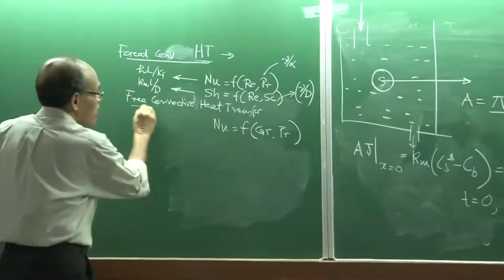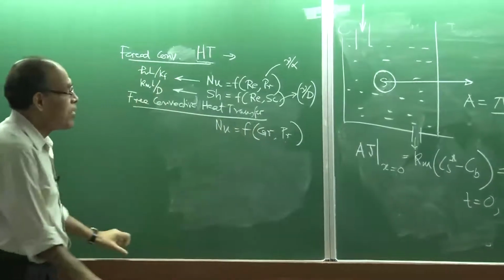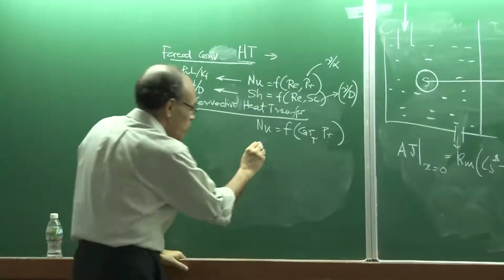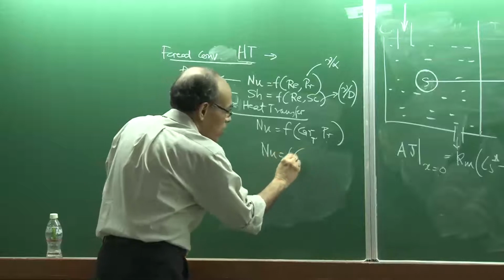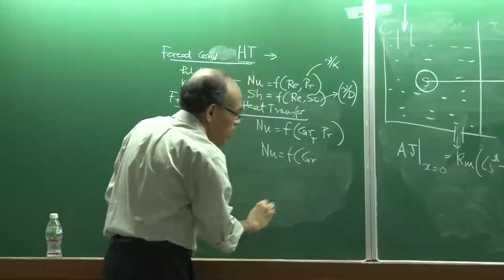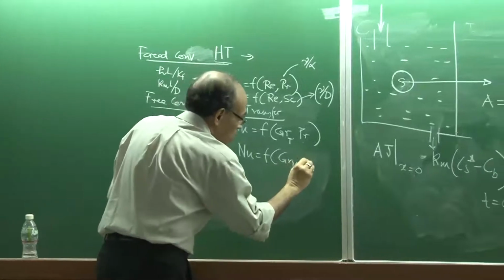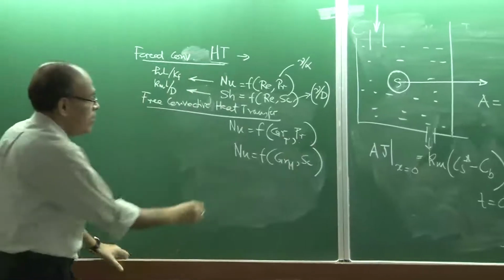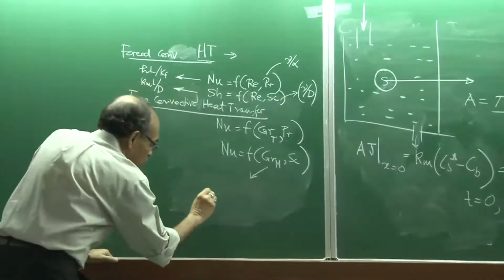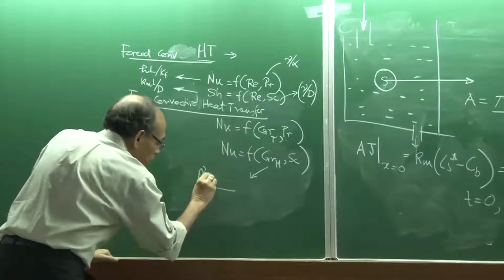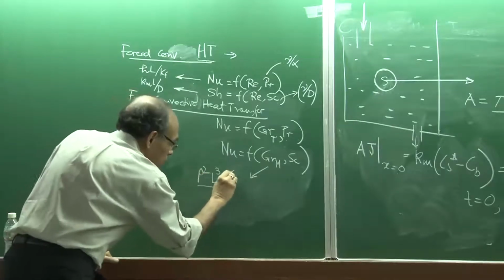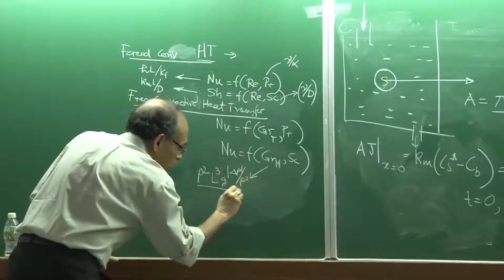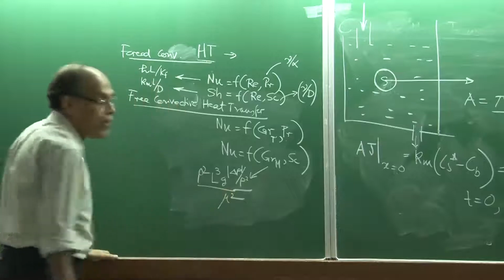Similarly, for free convective heat transfer, we have used Grashoff's number, and this also I said we can represent as Gr sub T, thermal Grashoff's number, and then we have Nusselt's number as a function of Grashoff's number, okay? And this you can say as a mass transfer Grashoff's number, and instead of Prandtl number, we can write Schmidt number. And here, the Grashoff's number is defined as rho square, L cube, g, delta rho by modulus of delta rho, and then rho square by mu square.